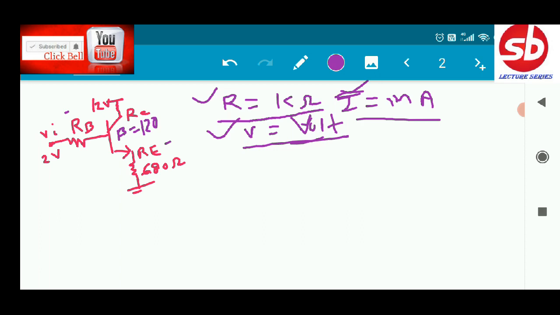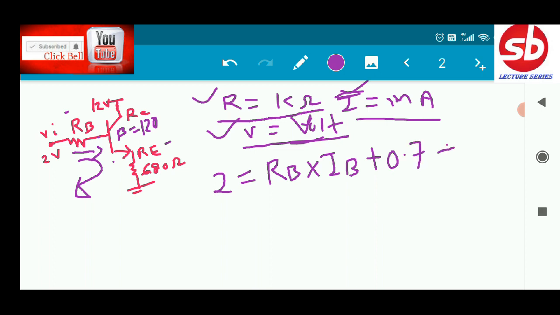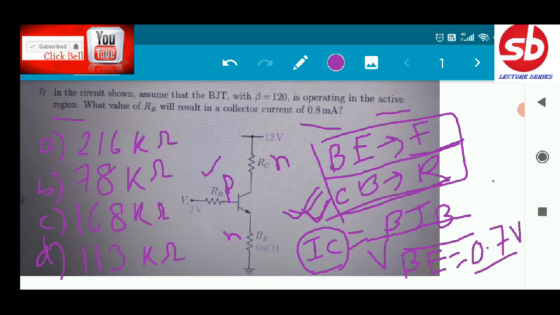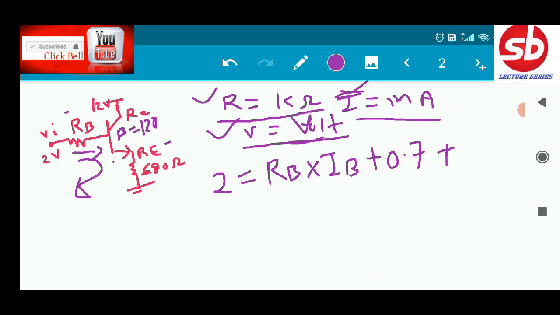Now if we apply KVL in this loop, the input voltage 2 volt is equal to IB into RB, where IB is the current flowing through it, plus VBE, the base to emitter voltage, which is 0.7 volt as I assumed in the first slide, plus IE into RE.